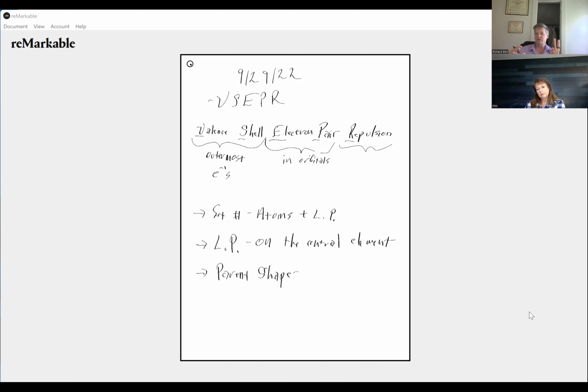Okay, so if we have 2 lone pairs and 2 atoms bonded to a central element, that's 4 things. It's set number 4. If you try and put 4 things around a central element, they're all going to have the same parent shape. Doesn't matter if they're lone pairs, doesn't matter if they're atoms. It's always going to have the same parent shape. That's the main shape for that set number.